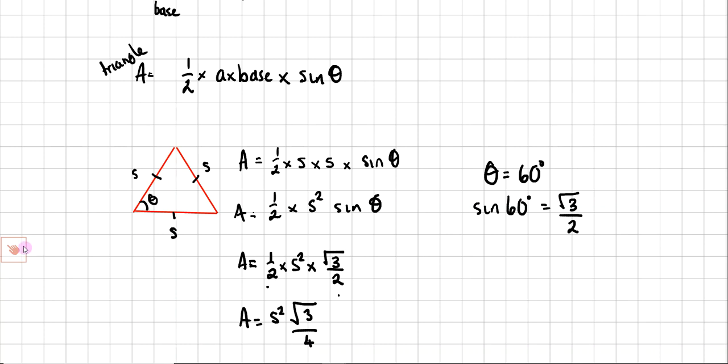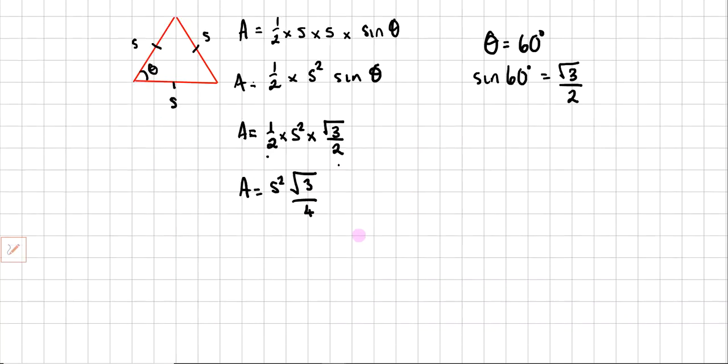Okay, let's have a look at the next one that they've got then, which is, what kind of triangle have I just drawn? An isosceles, actually, right? I'm using their diagram.